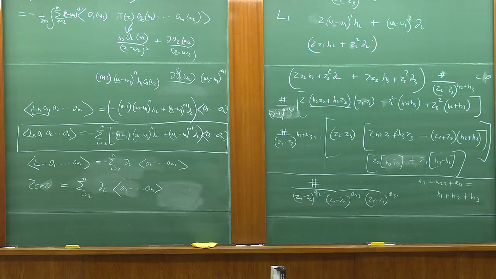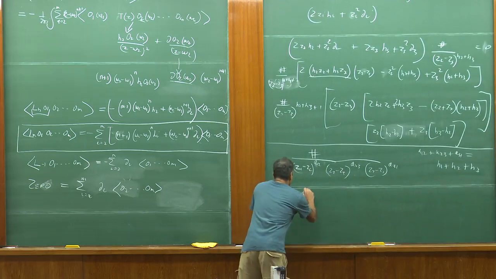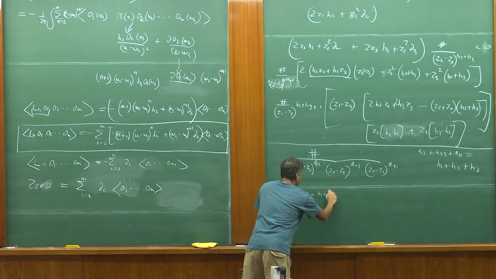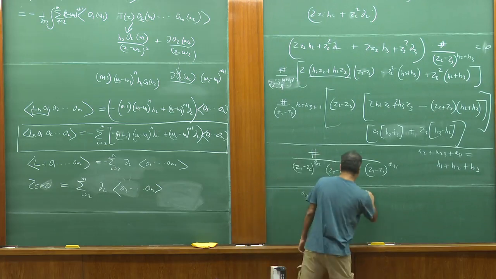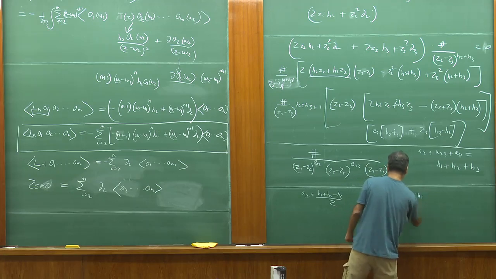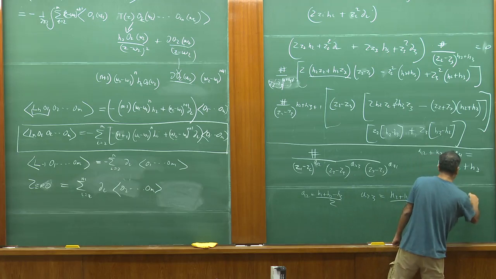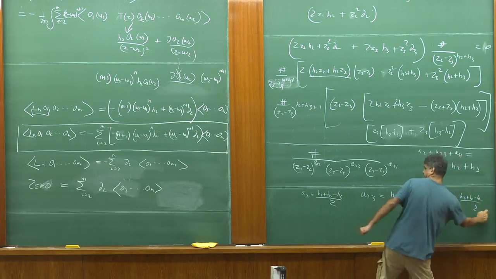You will find that the only way you get something non-zero is if a12 is equal to h1 plus h2 minus h3, a23 is equal to h2 plus h3 minus h1, and a31 is equal to h3 plus h1 minus h2.